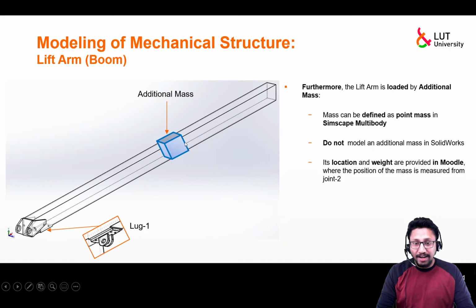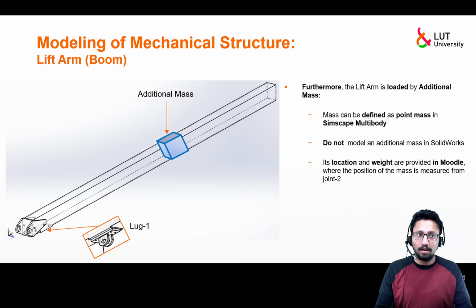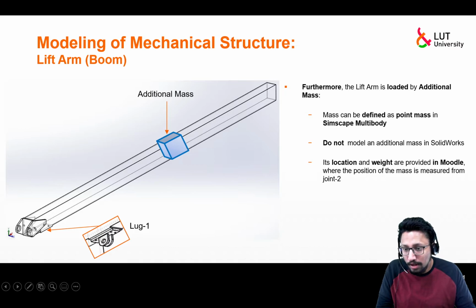The location and weight of this additional mass will be provided to you in Moodle, where the position of this mass is measured from joint 2, which is in between these two holes somewhere here. Why I'm asking you to be very careful with the definition of the origin and the center of mass and other parameters is because, if you follow the previous tutorials from the previous course, whenever we were selecting any frame, basically any point on the body, we were selecting the surface and then defining a point there, correct?